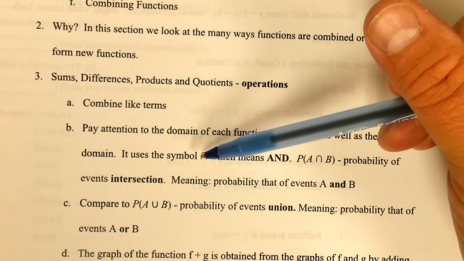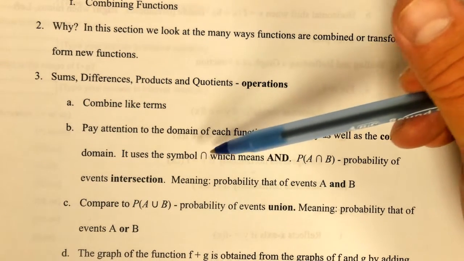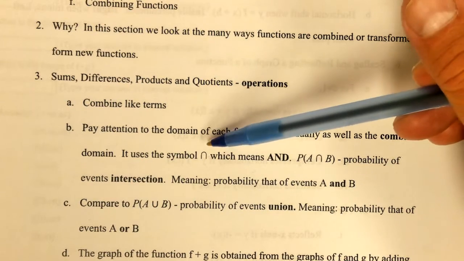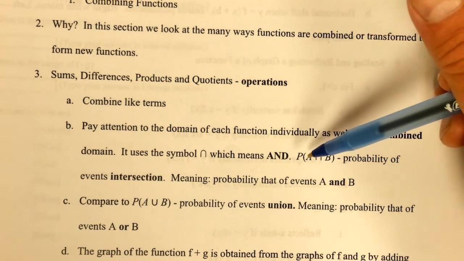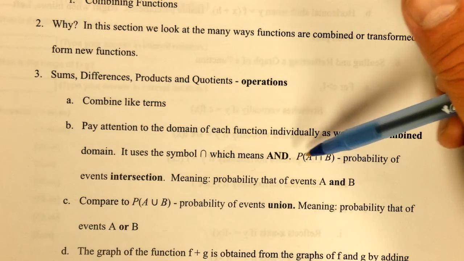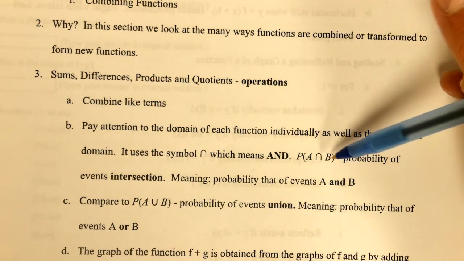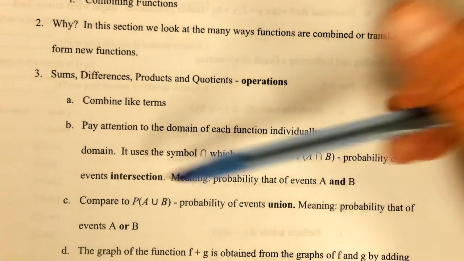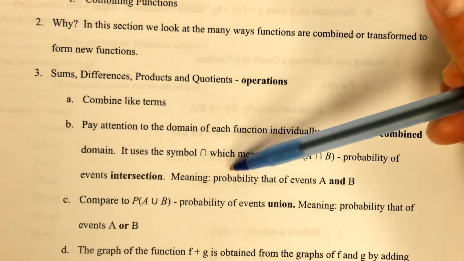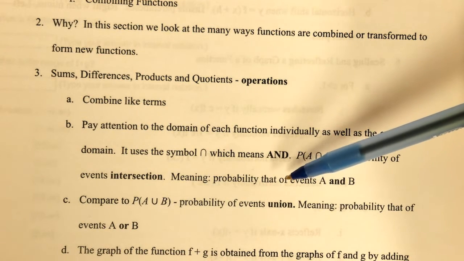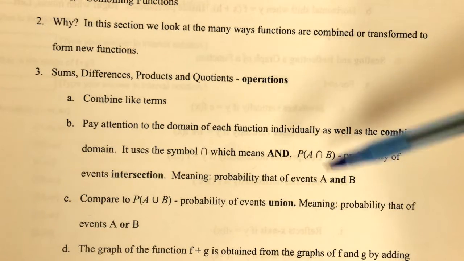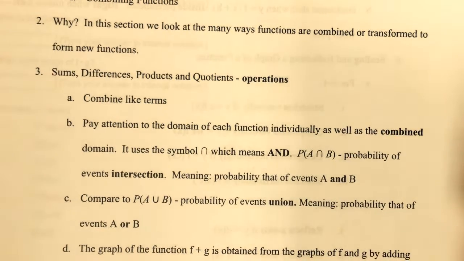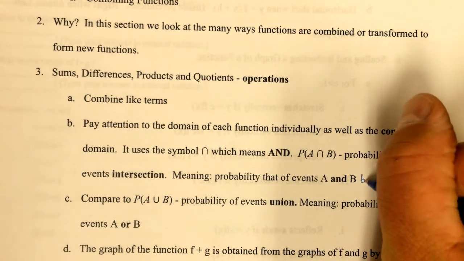It uses the symbol that looks like an N, an upside down U. It basically means and. So the probability of A and B happening is called intersection. It means the probability that events A and B both happen. Like, both happen.